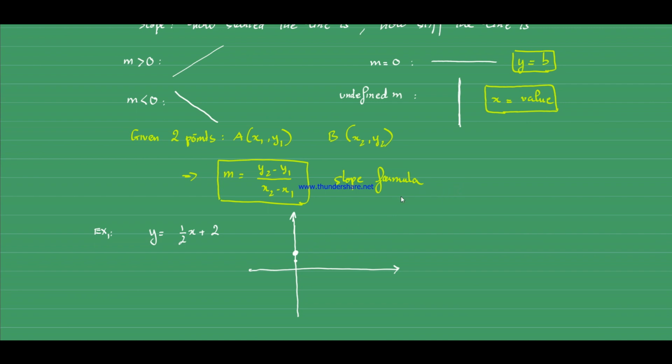Then, the slope information is very important. The slope value tells us how slanted the line is. And I forgot to mention that the slope we can also define by the rise over run method.